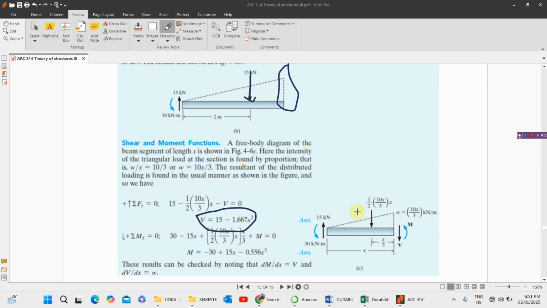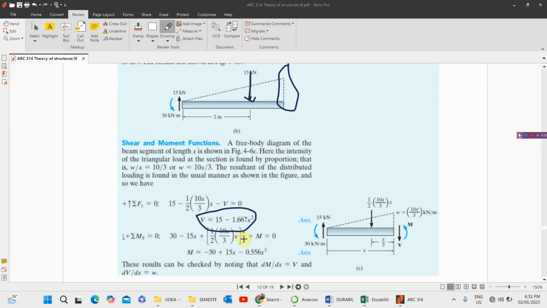Now we continue to move. This is where we have the next loading, and we have expressed this loading as a function of x. This shear force is half times 10 over 3x times x in our expression. Now this particular one, we multiply it by 1/3 of whatever distance we are having here.